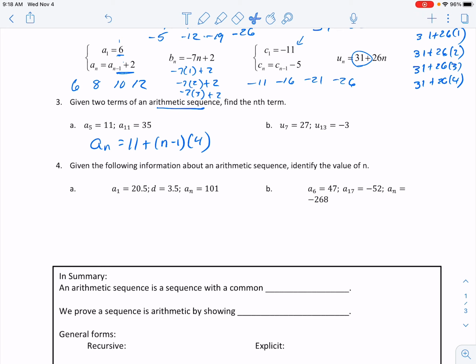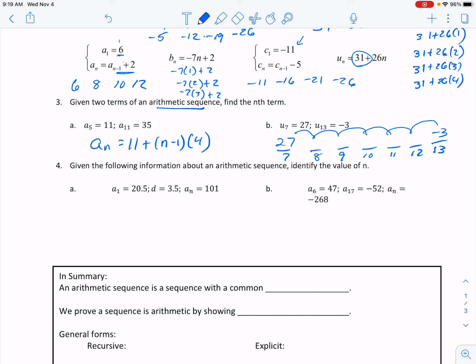All right, same thing here. I have 7, 8, 9, 10, 11, 12, 13. This is 27. This is negative 3. 1, 2, 3, 4, 5, 6.